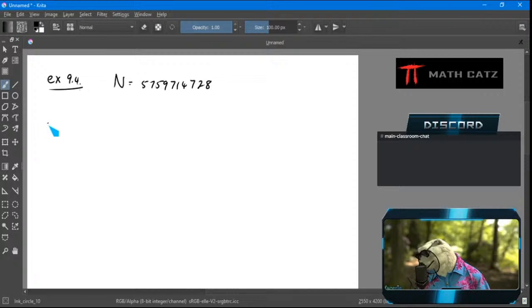So let's start. Divisible by 2? I have to remember the test for 2. That test says check the last digit. If it is 0, 2, 4, 6, 8, I'm good. So it's a yes.